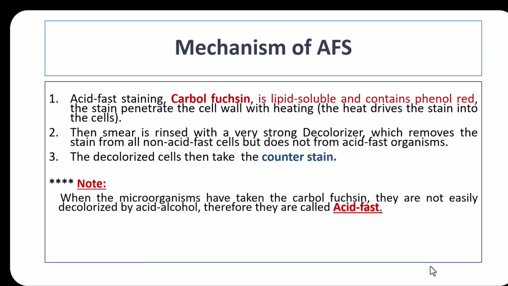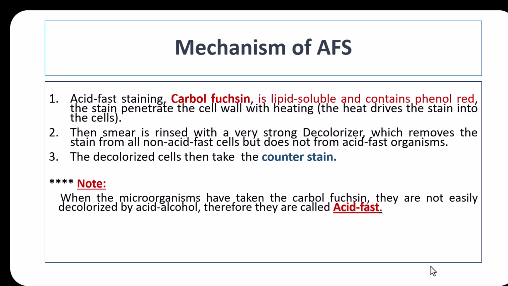So the mechanism of the acid-fast stain. When we add the primary stain, carbol fuchsin, that contains phenol, with the help of heat, this stain can dissolve the lipid in the acid-fast bacteria and enter the thick, waxy cell wall.